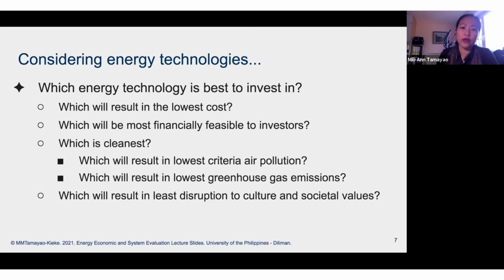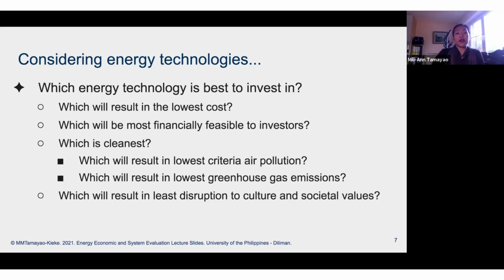For example, which one will result in the lowest cost, which will be most financially feasible to investors, which is the cleanest technology, which will result in the lowest criteria air pollution, for example, or the lowest greenhouse gas emissions, and which will result in the least disruption to culture and societal value.